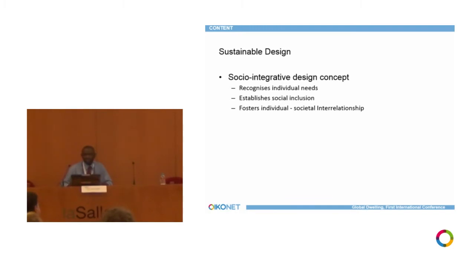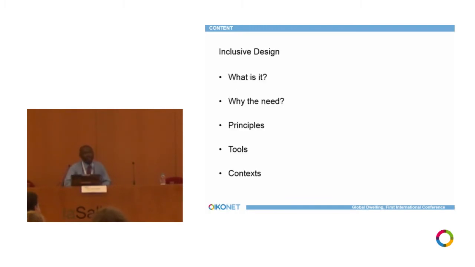relationship. The second type of design theme that we identified in literature is the inclusive design, which, as you probably know, is a design for accessible built environment. And I will be going through these items. What do we need to know about it? The principle, the tools, and the context in which inclusive design is applied.